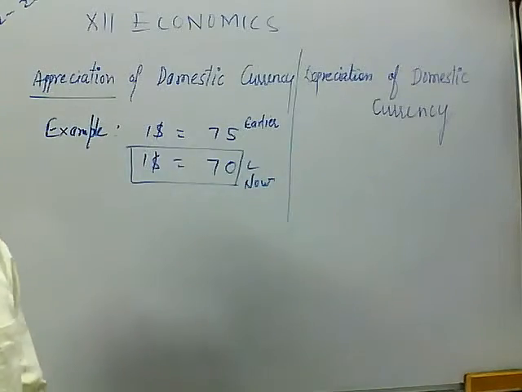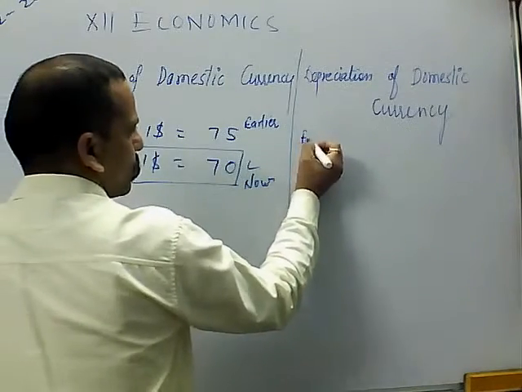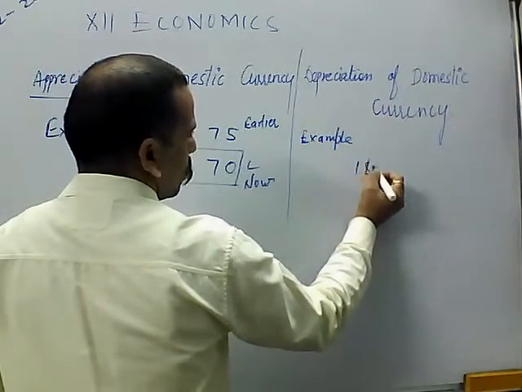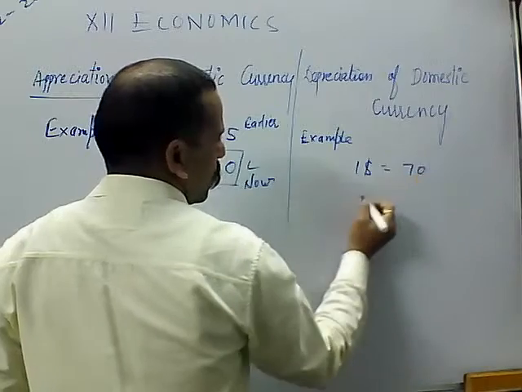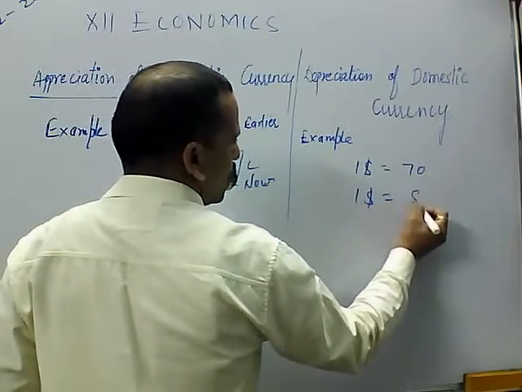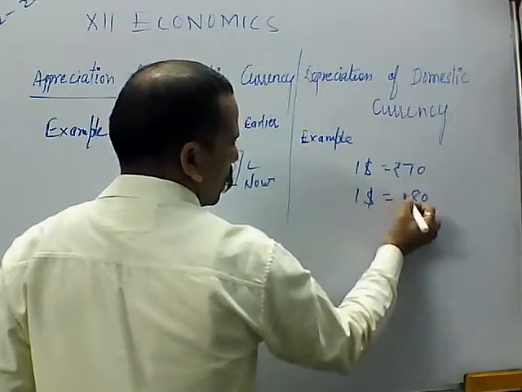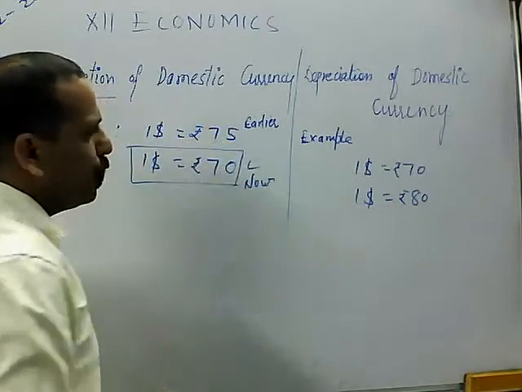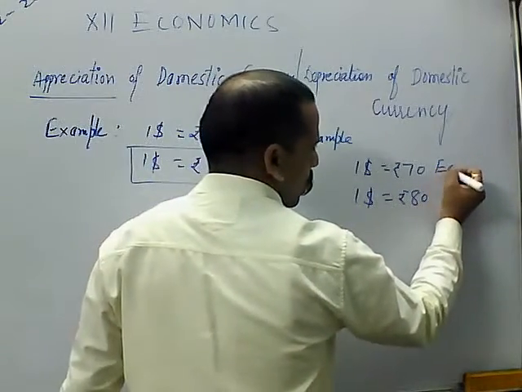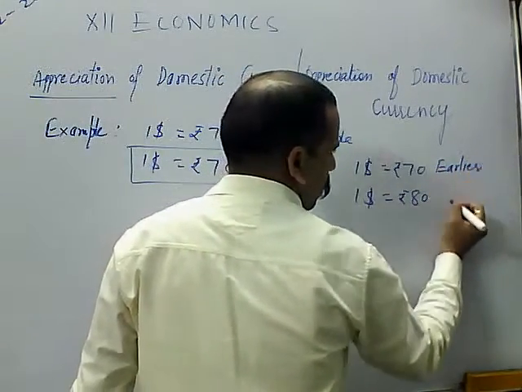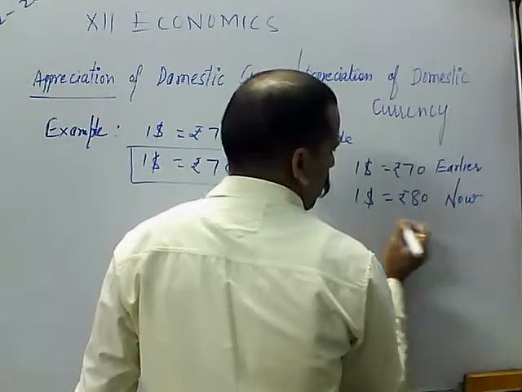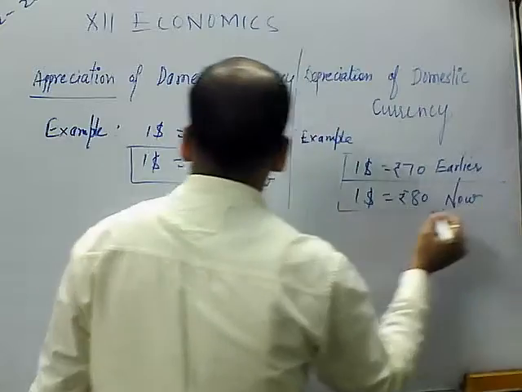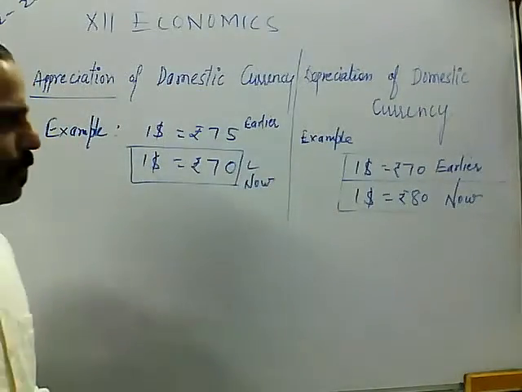And depreciation is vice versa. For example, $1 earlier was 70, now $1 is equal to, let's say, 80 rupees. Earlier 70, now 80.